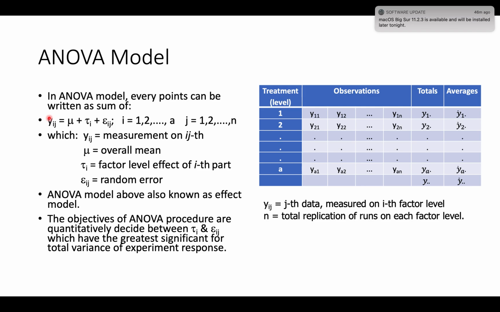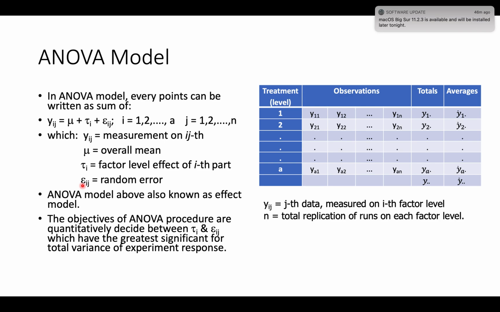Yij is a random variable denoting the ijth observation, while mu is the overall mean, and the value is common to all treatments. Tau i is the parameter associated with the ith treatment, called the treatment effect, and epsilon ij is the random error component. In general, the ANOVA model is also known as the effects model.